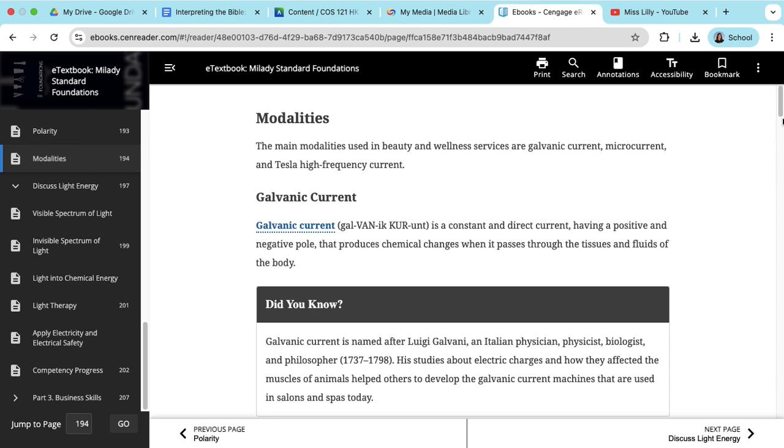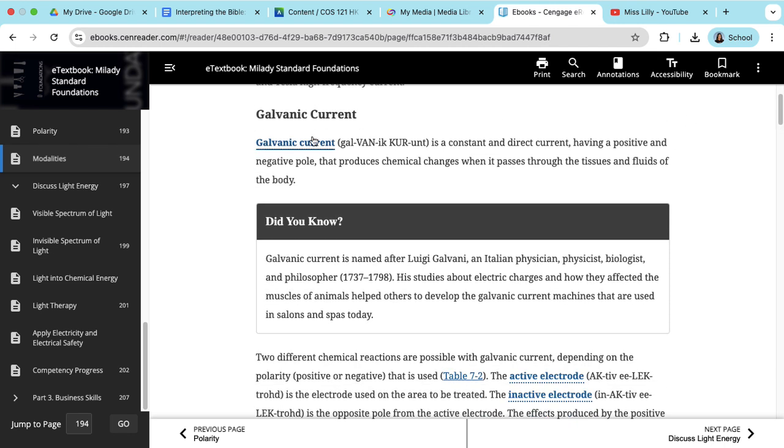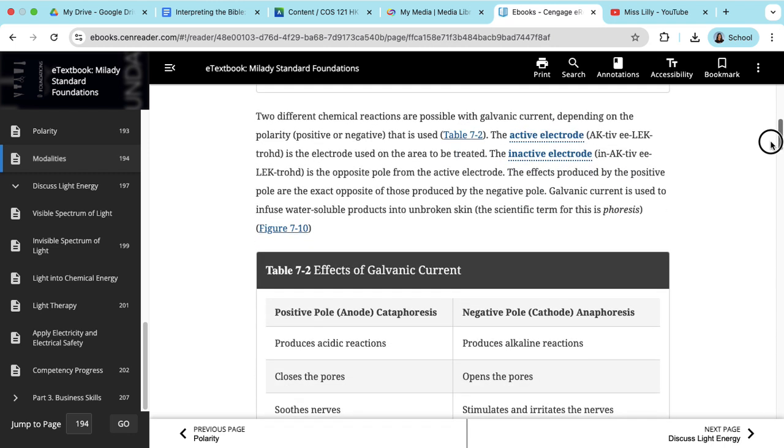Under modalities, we have galvanic current. A galvanic current is a constant and direct current having a positive and negative pole that produces chemical changes when it passes through the tissues and the fluids of the body. Two different chemical reactions are possible with galvanic current, depending on the positive or negative use. We have an active electrode.